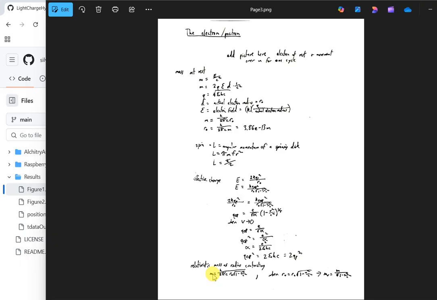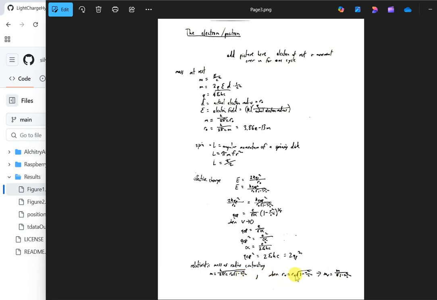So if you just look at how the mass was originally defined for the stationary case, you get mass equals h over some constant times the radius. And then when you look at it relativistically, when you take 1 divided by the Lorentz factor, you see that the Lorentz factor gets tied to the radius. So you see that that factor of 1 over the Lorentz factor is the same as the length contraction of the radius.